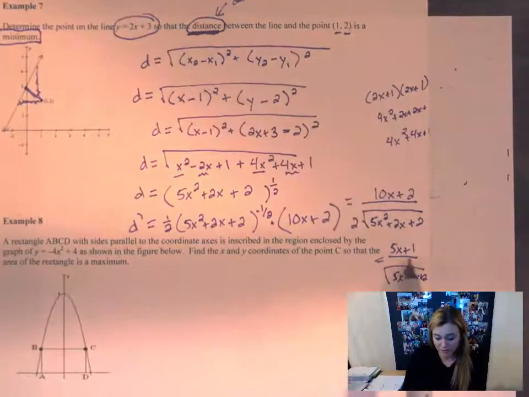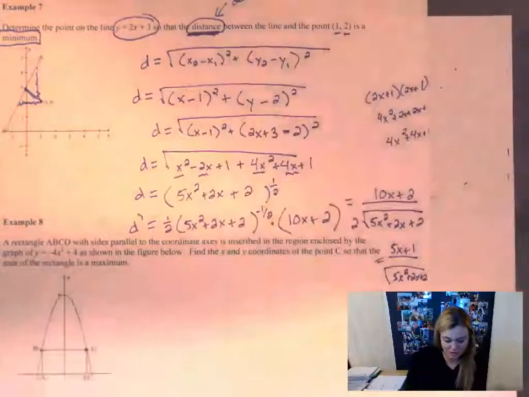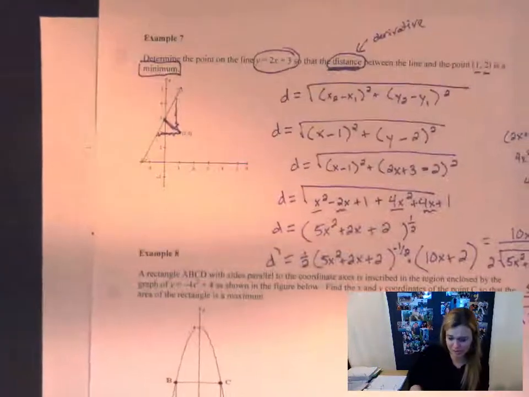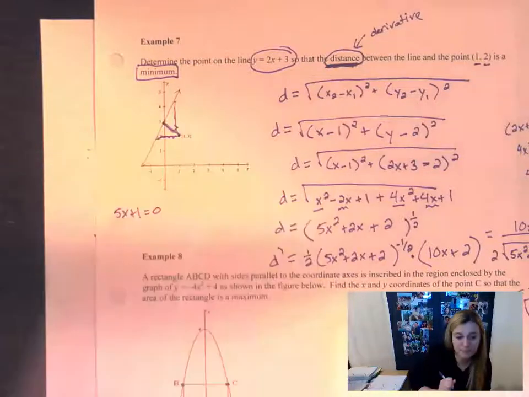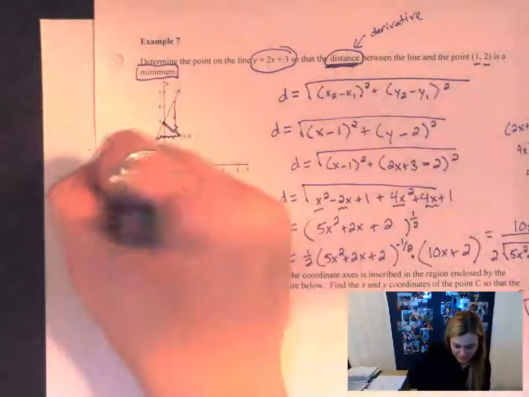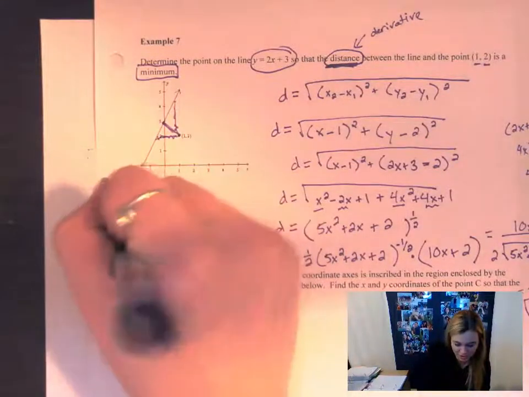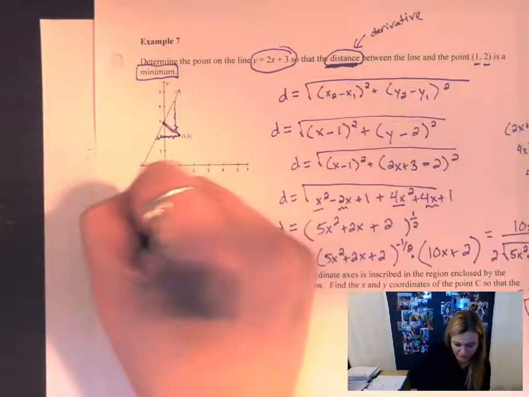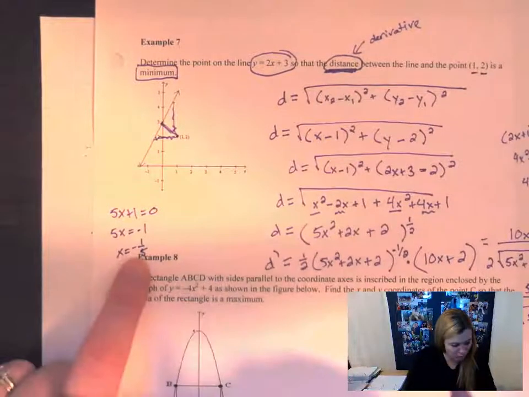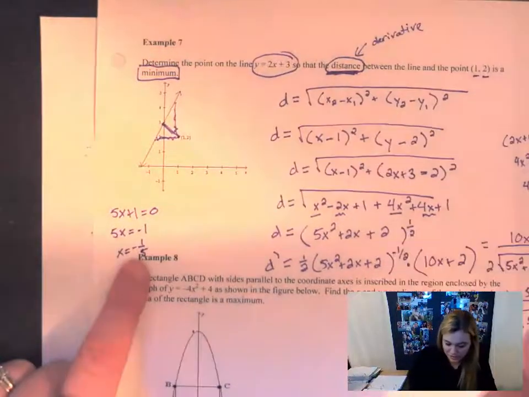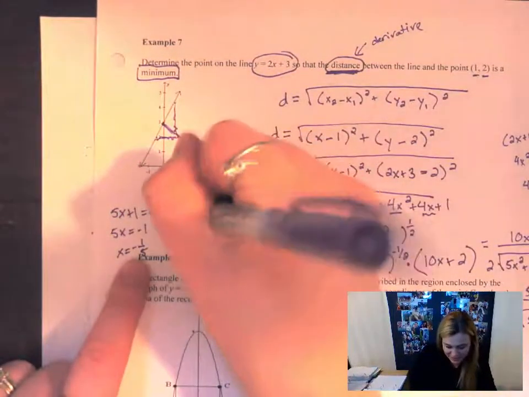In the numerator, 5x plus 1, if I set that equal to 0, and I'm going to use some room over here, 5x plus 1 equal to 0. Subtract 1 on both sides, I get 5x is equal to negative 1, x is equal to negative 1/5. And that's okay. So I'm going to say x is equal to negative 1/5. What I need to do then is figure out, is that in fact a minimum?